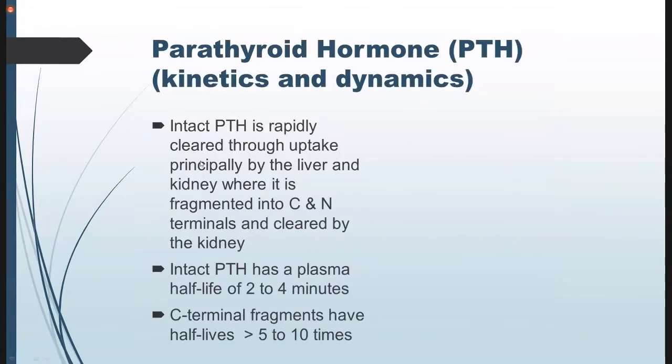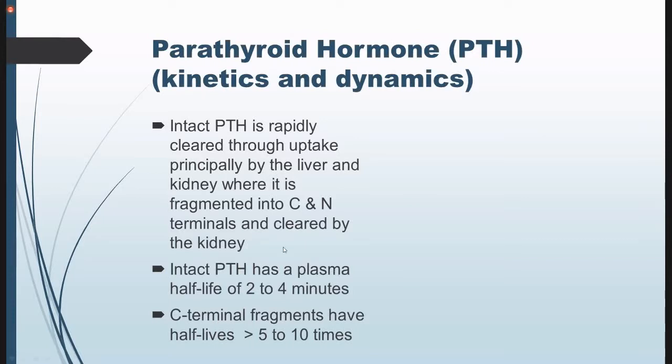Intact PTH is rapidly cleared through uptake principally by the liver and kidney, where it is fragmented into carboxy and N terminals, and then they are cleared by the kidney. So intact PTH has a very small plasma half-life, just 2 to 4 minutes, whereas the C-terminal fragments can have a long half-life, sometimes 5 to 10 times, which means they can be found for a couple of hours maybe.